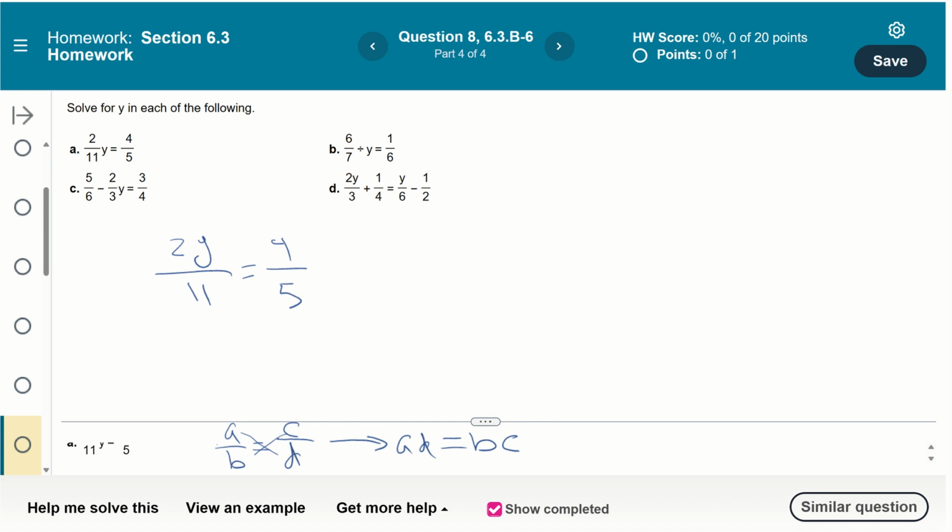So the cross products here would be 2y times 5 and 4 times 11, right? So we get 10y equals 44, right? So now we get y, divide both sides by 10.